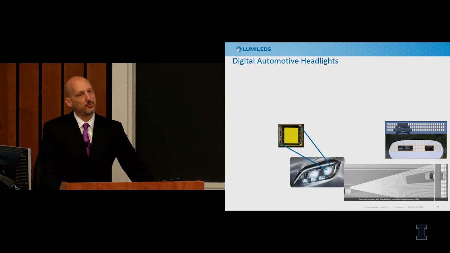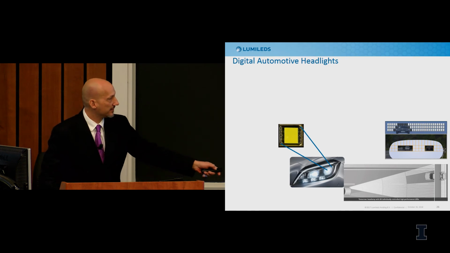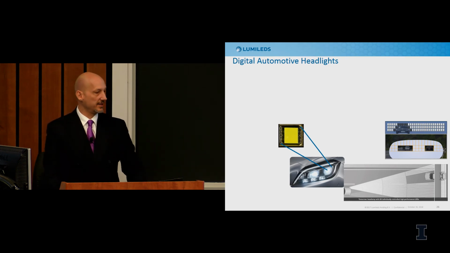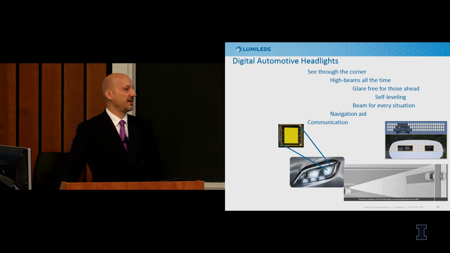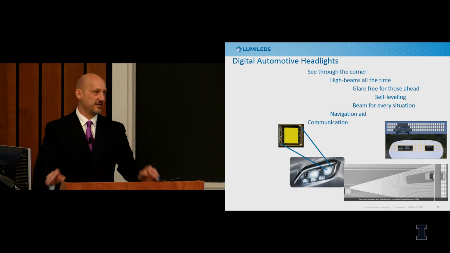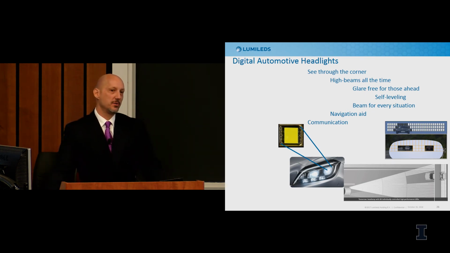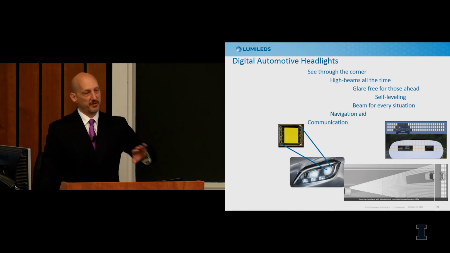You can imagine here's your car, and you've got an oncoming car. But now instead of running at low beams when you see the car, what if you had high beams on all the time, and your LED microdisplay was smart enough to see, oh, I've got a car here, and I'm going to locally dim that area. Or if I'm going around a curve, I'm not just going to steer the light, but I'm going to sense where the road is.